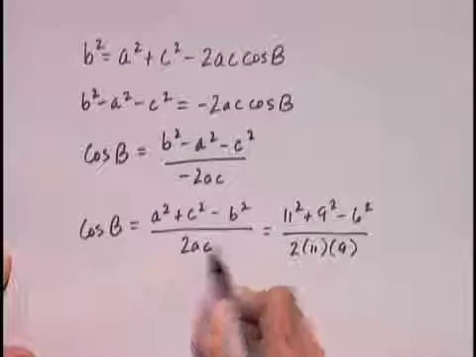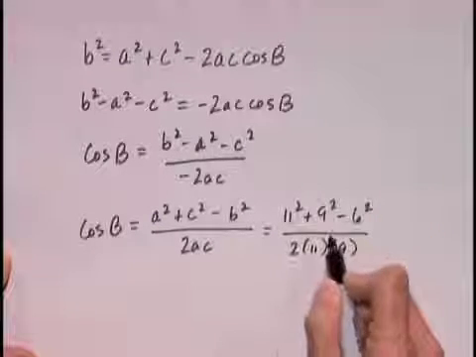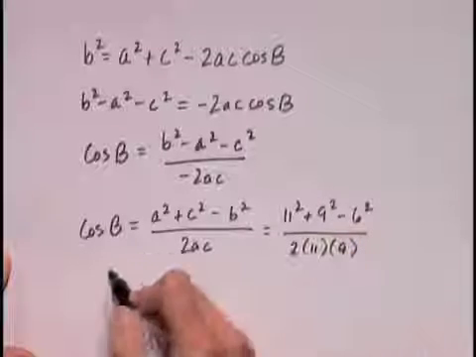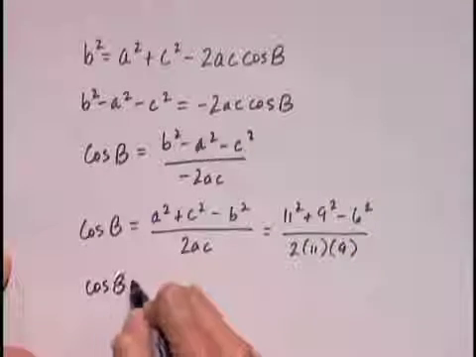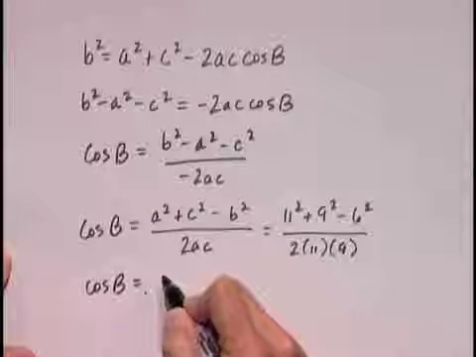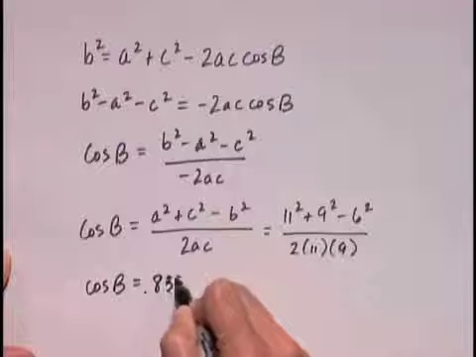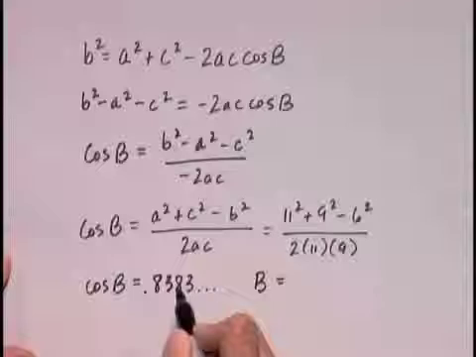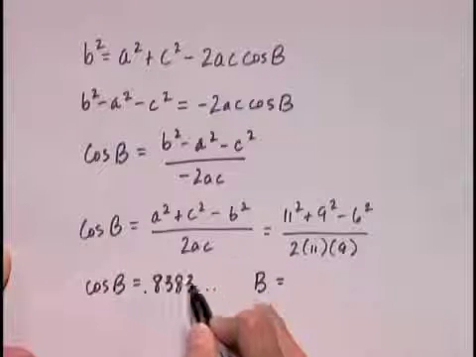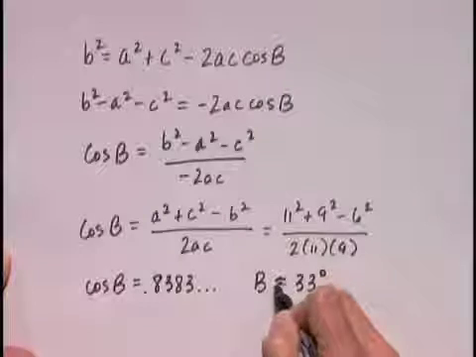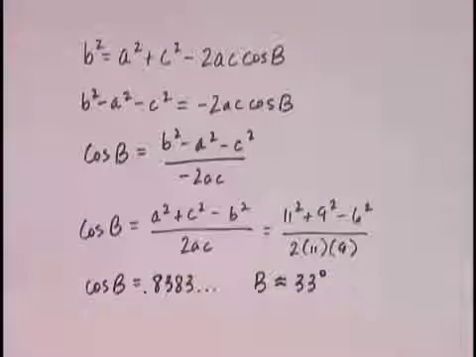Maybe we'll calculate this value first and say that the cosine of angle B is the decimal 0.8383, etc. Angle B, then, finding the inverse cosine of this value using a calculator, comes out to about 33 degrees.